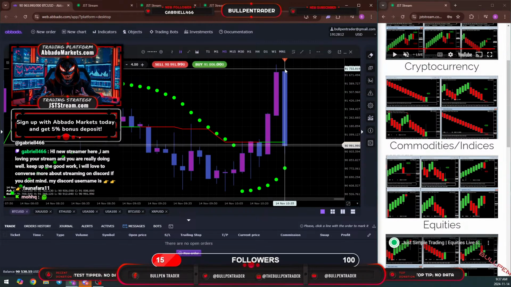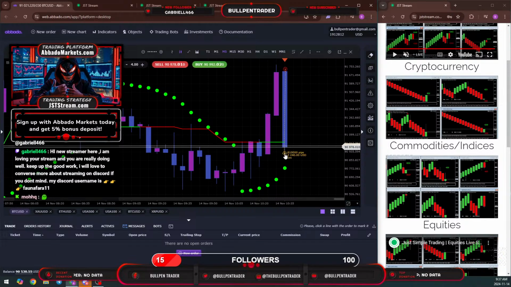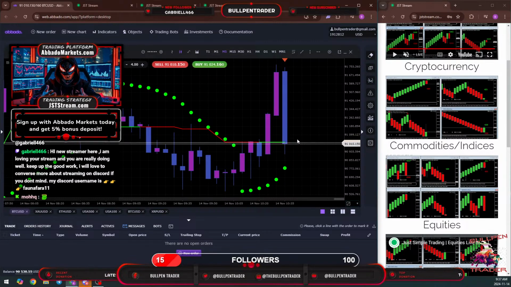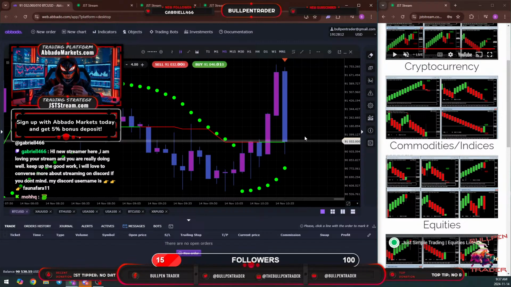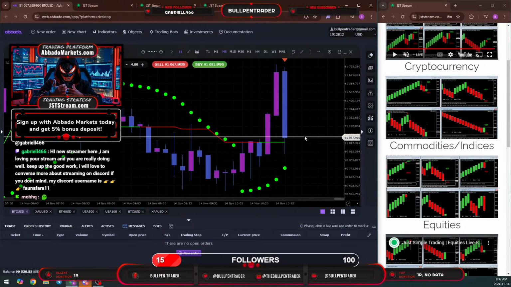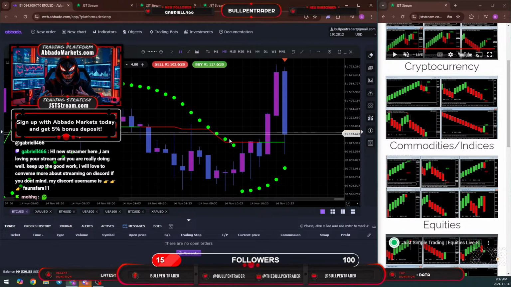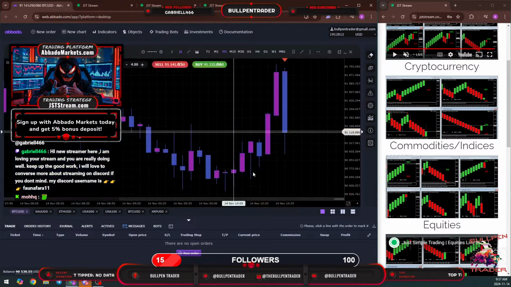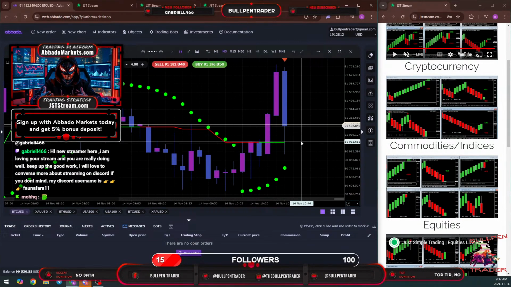What an insane candle here. 810 pips in this one candle. That's absolutely insane. Bitcoin is getting to that time where it's going to be crazy volatile now. Let's look at other markets as well, because it's just going to be insanity right now, probably for the next little while.